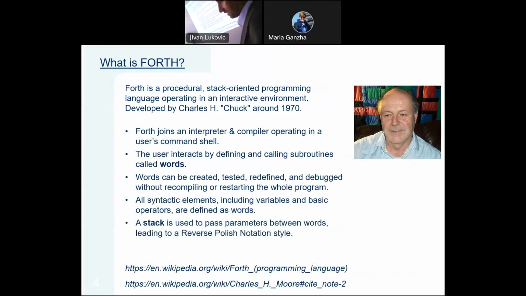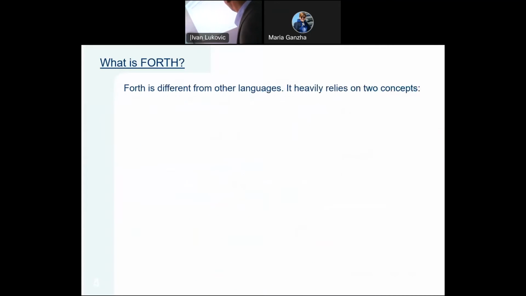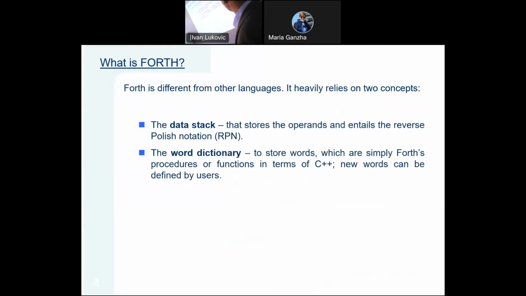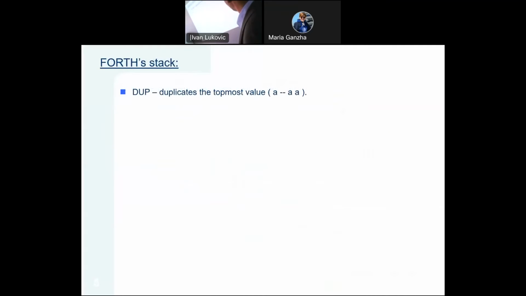And the second notion of Forth, distinguishing it from other languages, is stack operations. So we have this reverse Polish notation, so we don't use parentheses, and everything is exchanged by the data stack and the word dictionary.